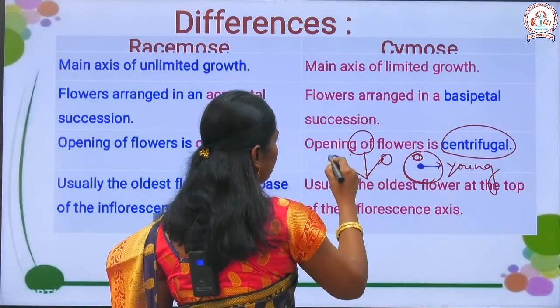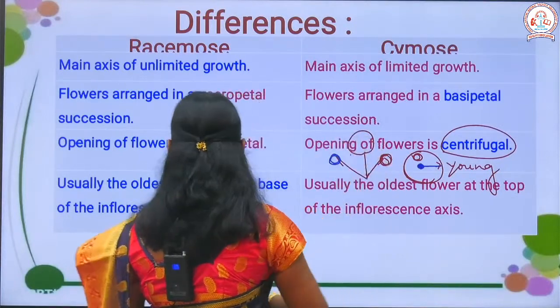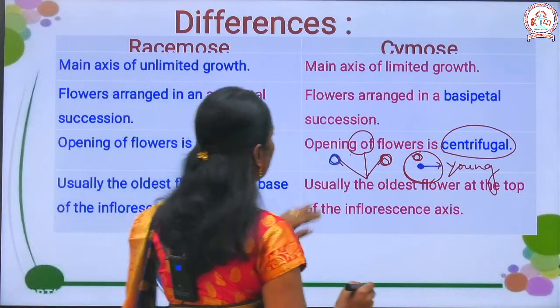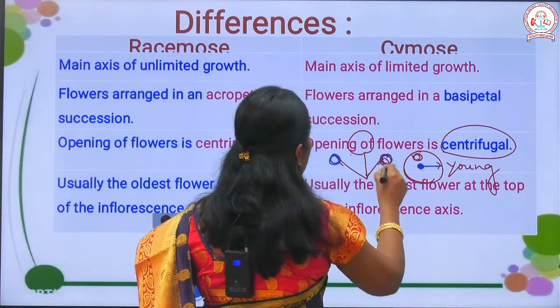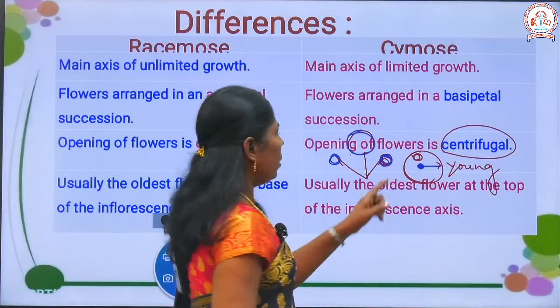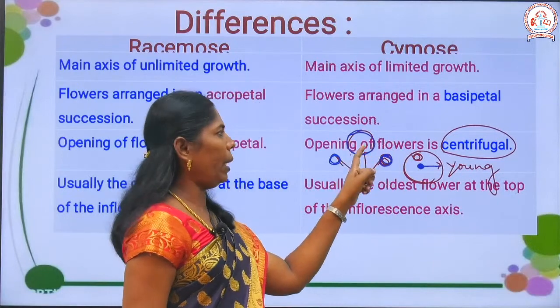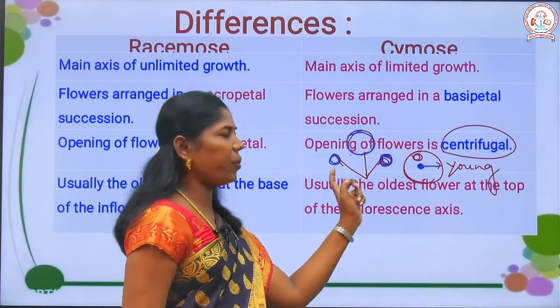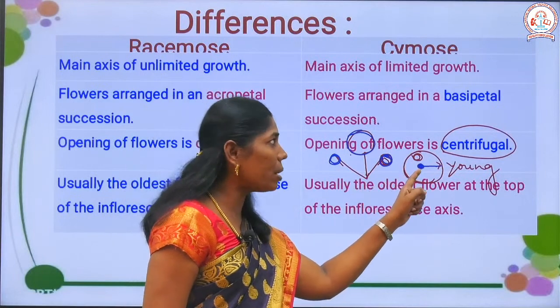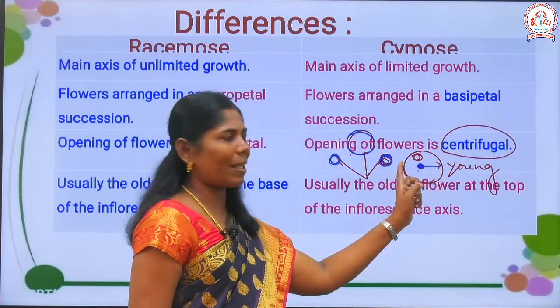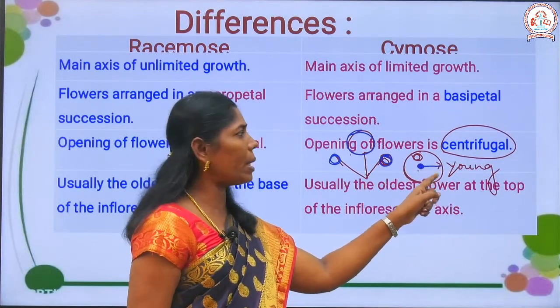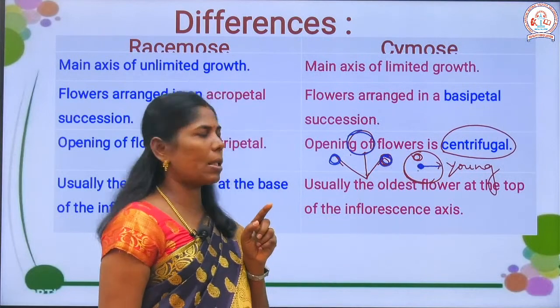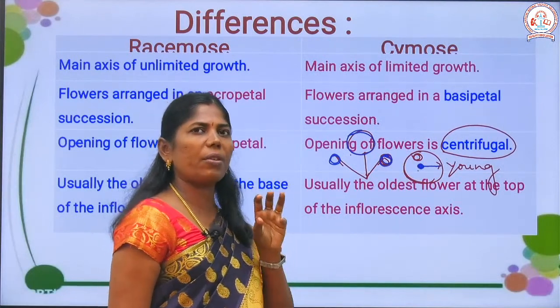The older flowers open first, then the young flowers open, from the center to the margin, or center to periphery. So that is called the centrifugal manner.